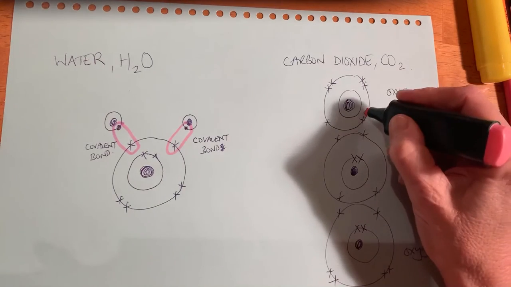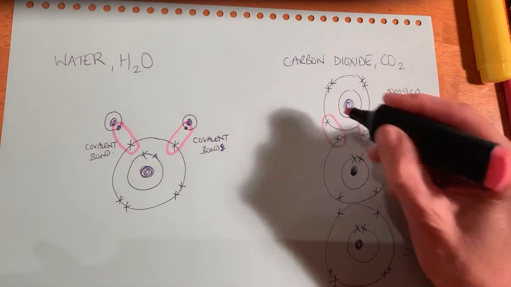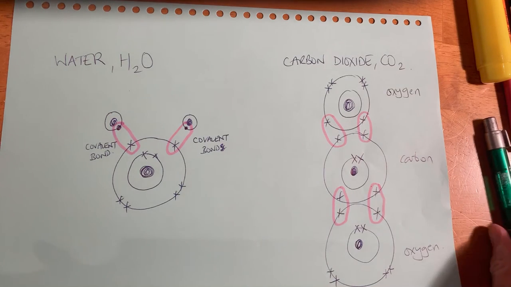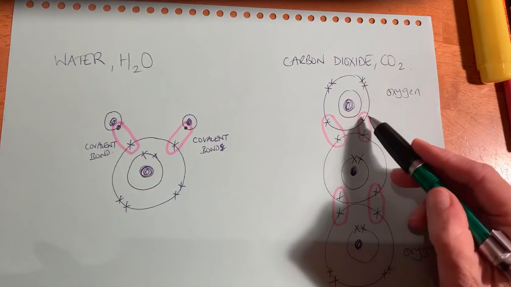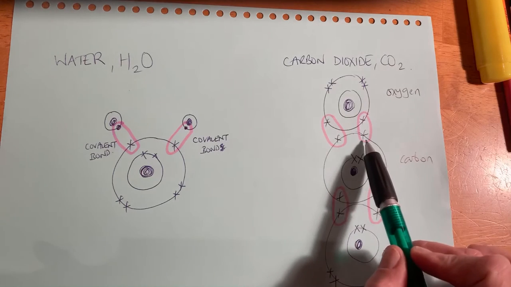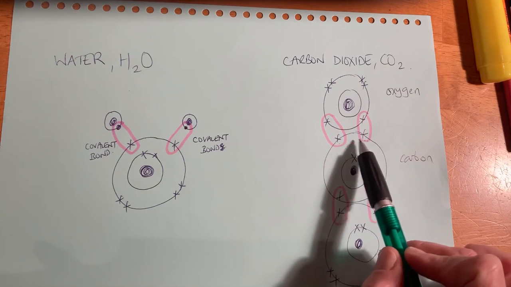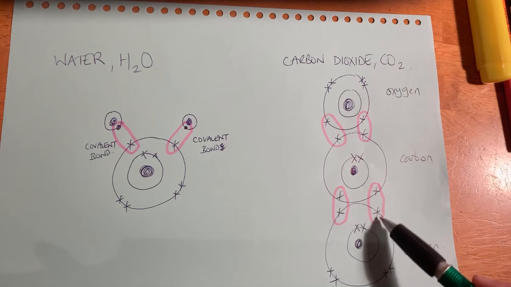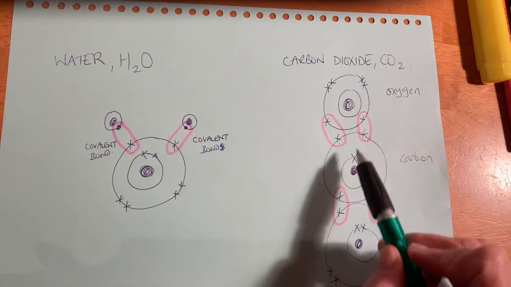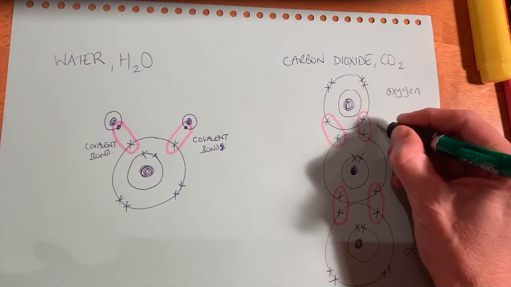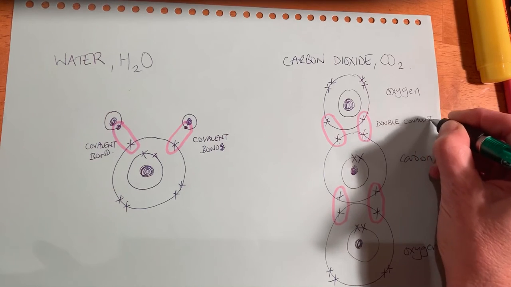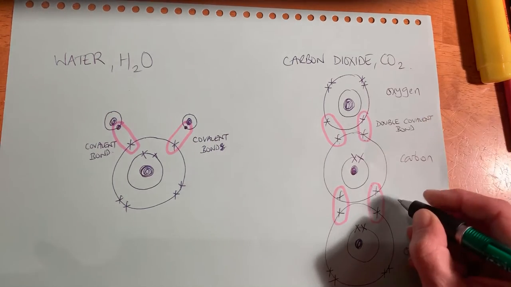And so you can see that we've got 2 of the valence electrons from this oxygen molecule joining with 2 of the valence carbon electrons, and 2 also for the other oxygen atom. And you'll see that there are 2 pink circles each time, and that ends up being what we call a double covalent bond. So there are 2 doubles.